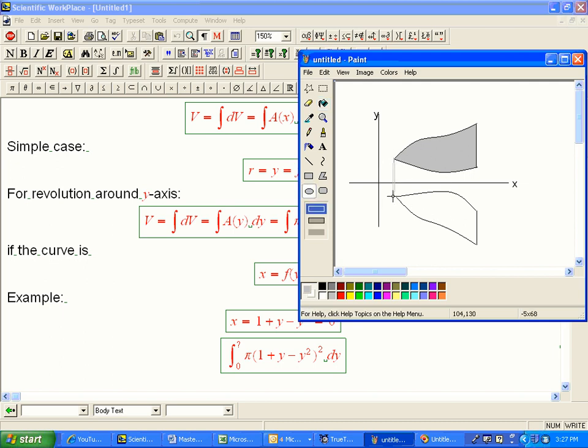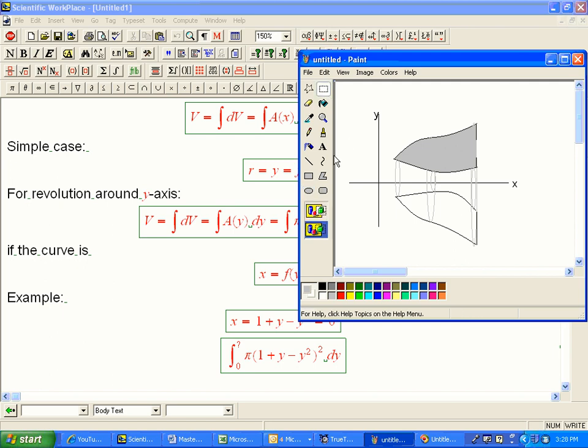Okay, so we're going to revolve this around. It's going to get kind of a funky shape here. It's going to have something where all these cross sections, there's a hole in everything. And so it's going to have this outer rim, and then there's a hole bored through it.